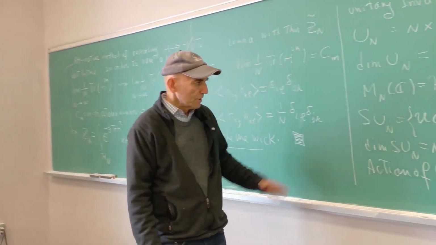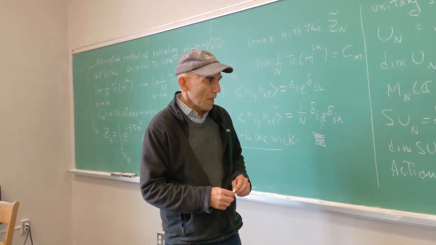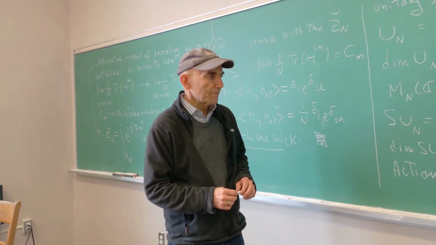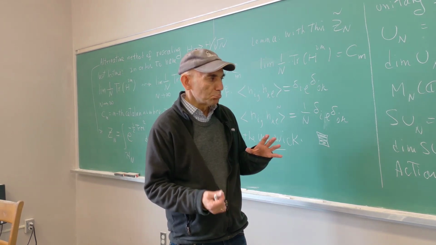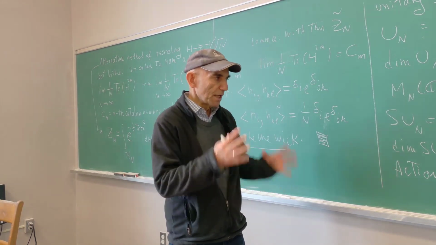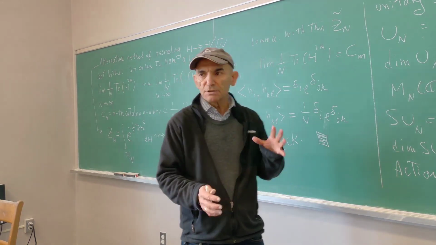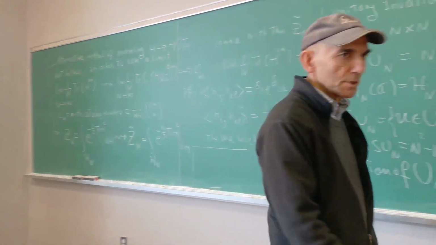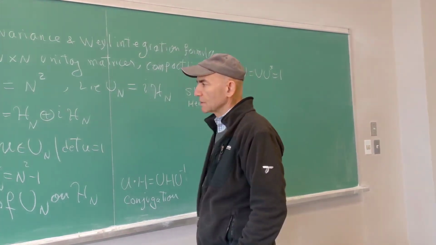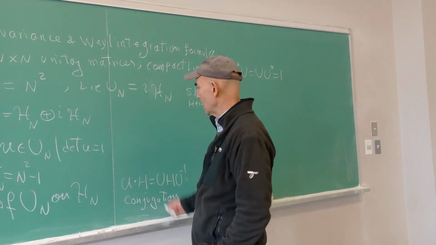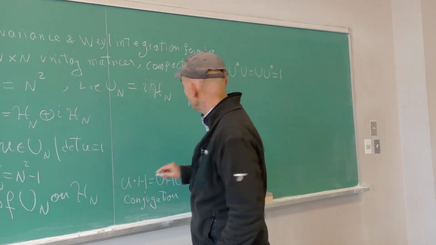Now one of the things you want to understand is whether the measure that we have on H_n is unitary invariant or not. This turns out to be the case; we'll prove it soon.